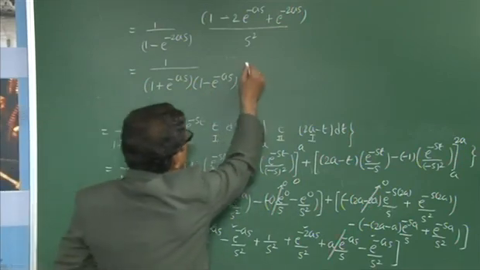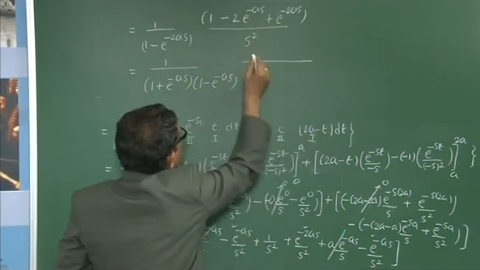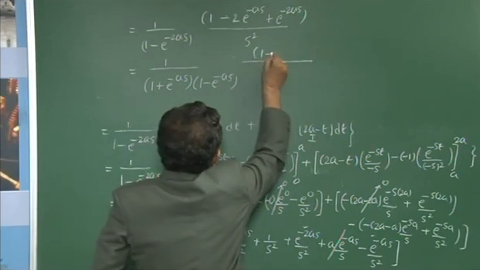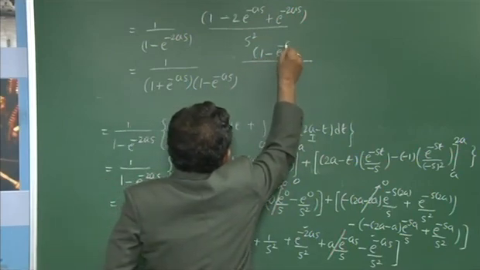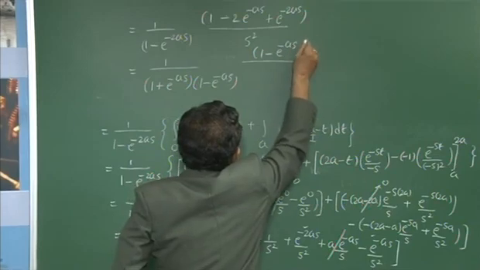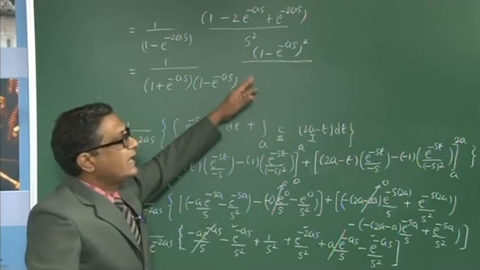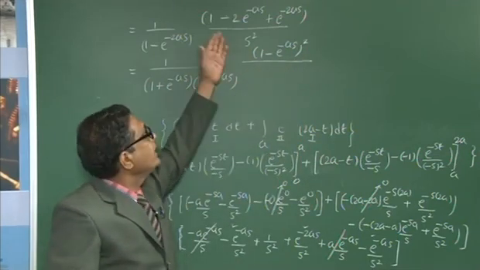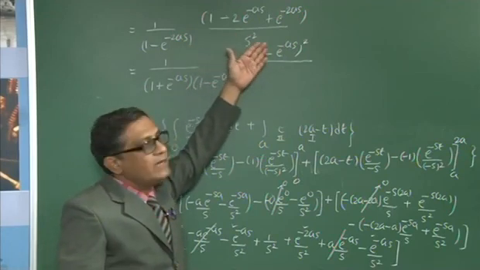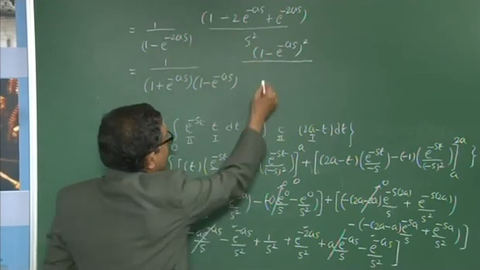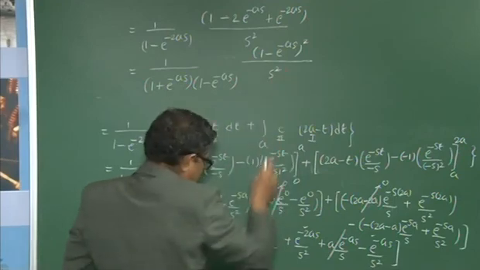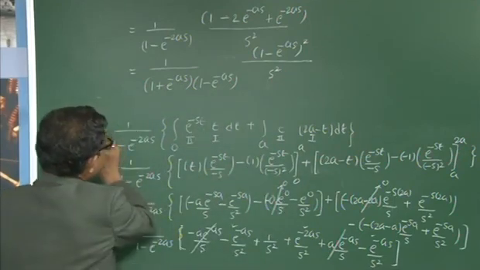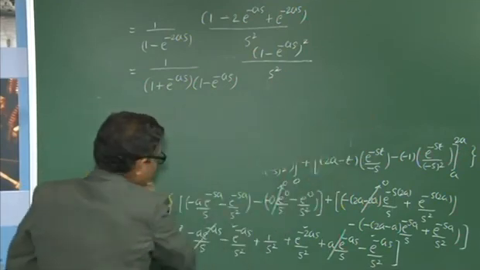Then how do you write this one again in the algebraic formula? 1 minus e raised to minus as whole square. It is nothing but a minus b whole square, a square minus 2ab plus b square, and denominator s square as it is. Now, further simplify.